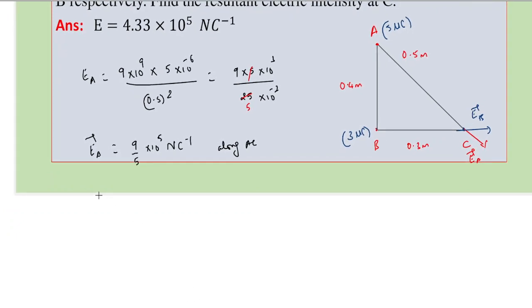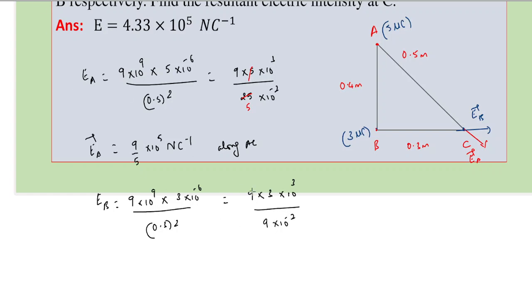Similarly, we will find EB, which is equal to 9 into 10 power 9, which is K, and Q here is 3 into 10 power minus 6, by the distance square, that is 0.3 square. You will write this as 9 into 3 into 10 power 3 as it is, and the denominator would be 0.09, which is the same as writing 9 into 10 power minus 2.